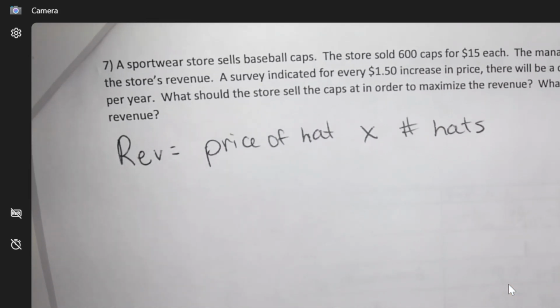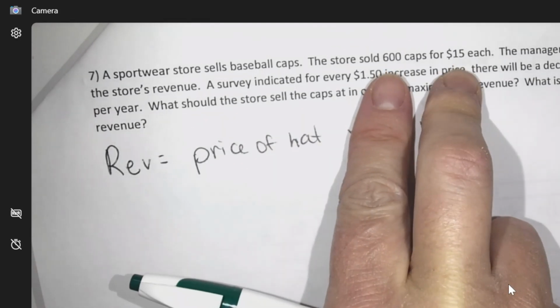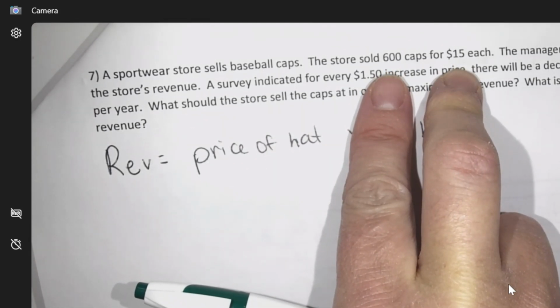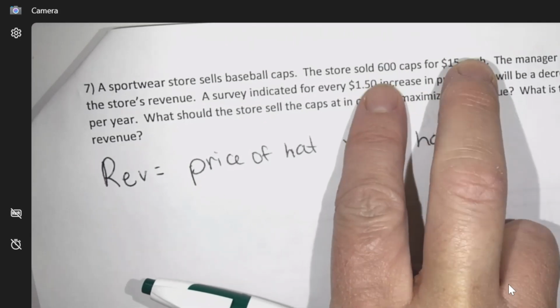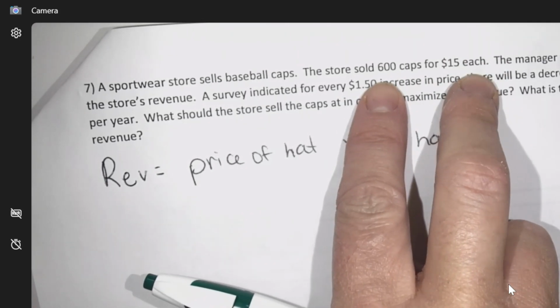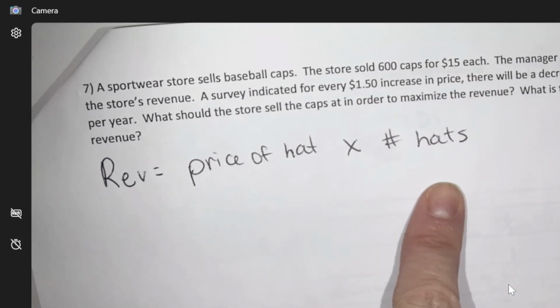So how much each hat is, the price of this hat, times how many hats, that's going to make me my money. So for instance, I would just sell 600 for 15 bucks each. I would just times that, and that's how much money I would make right now. So timesing those. Okay, everyone's good with understanding that?